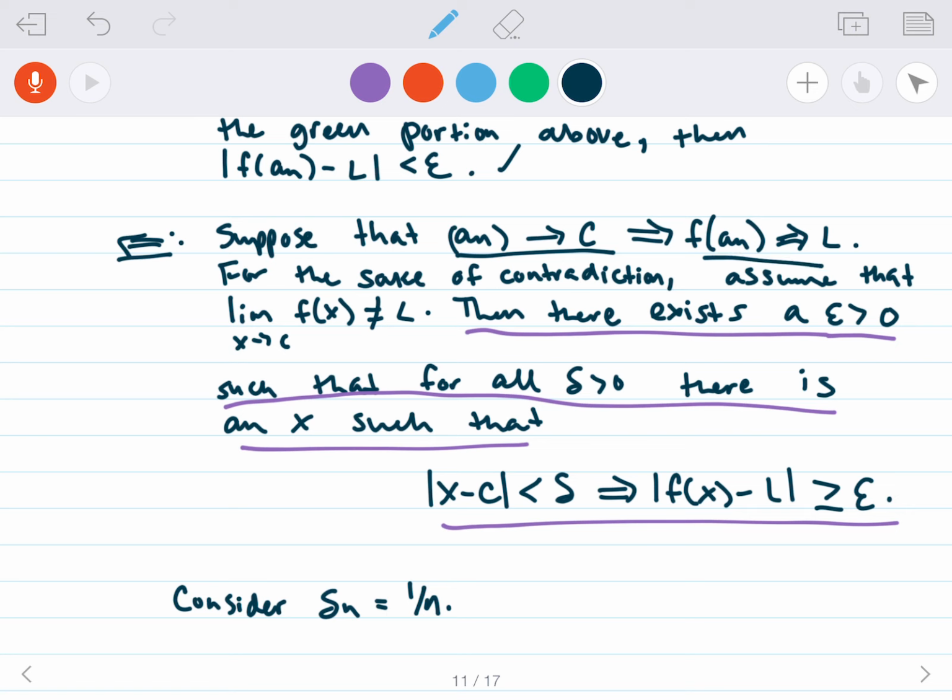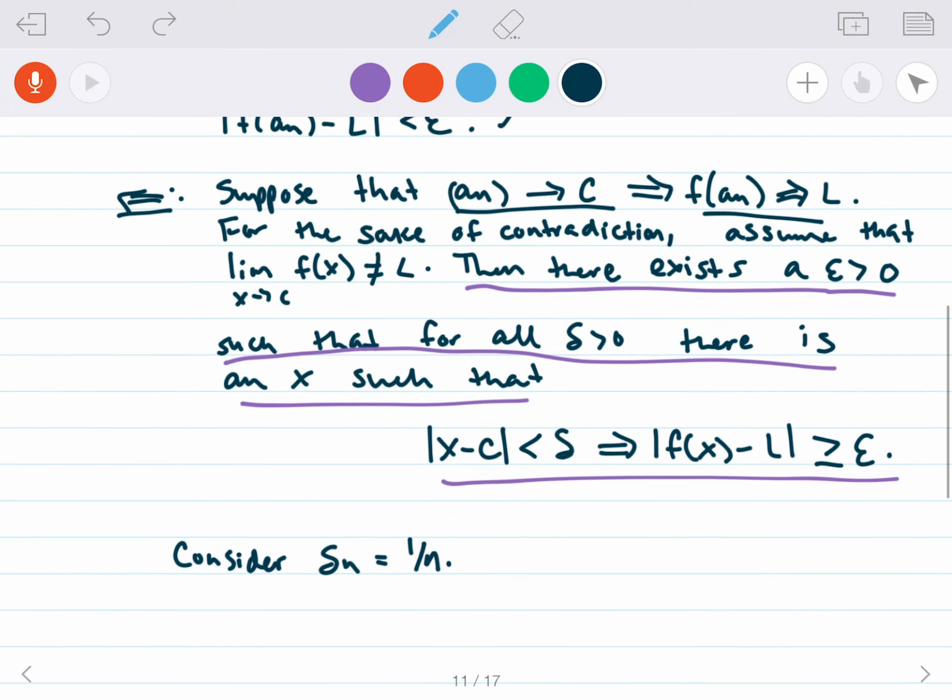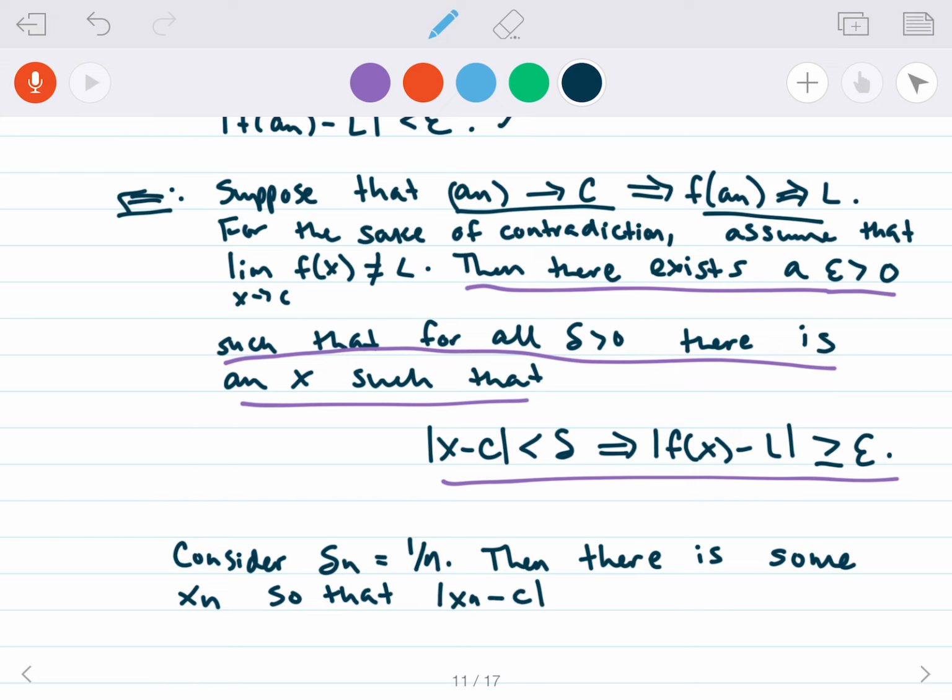This implies that f of a sub n converges to L. Okay, so this is a neighborhood I'm choosing, this delta n. So then there is some xn so that xn minus c is less than delta n.